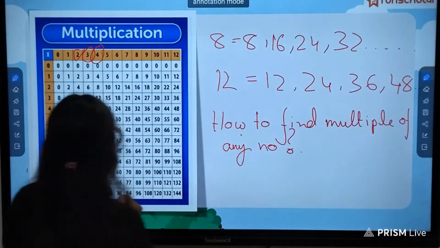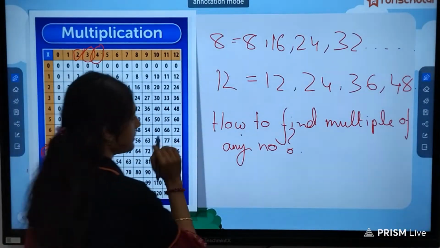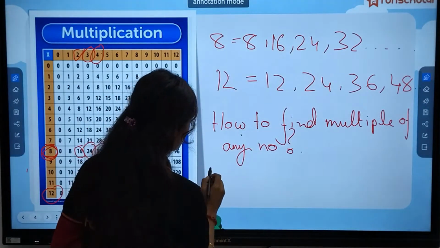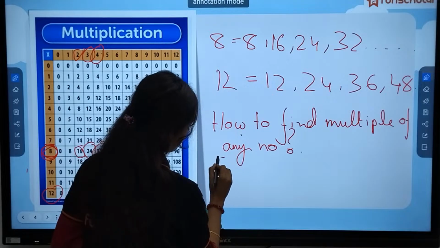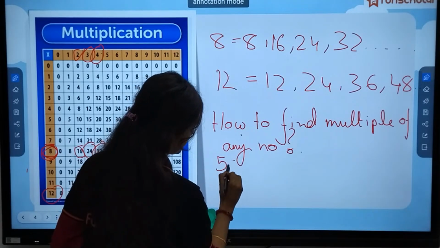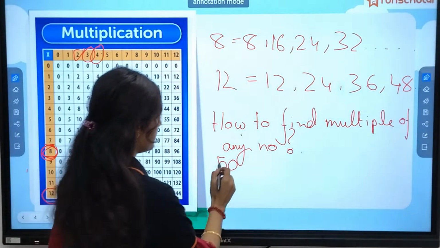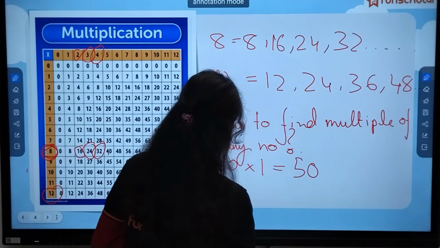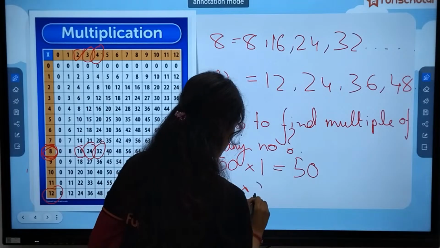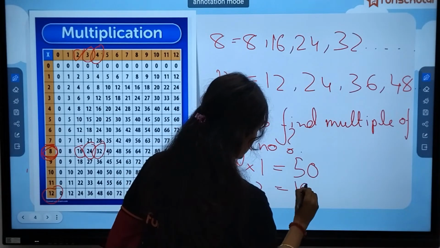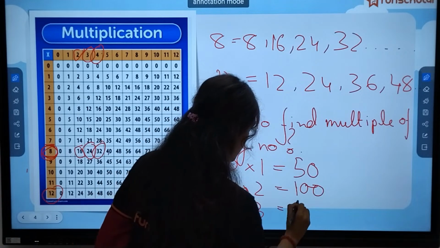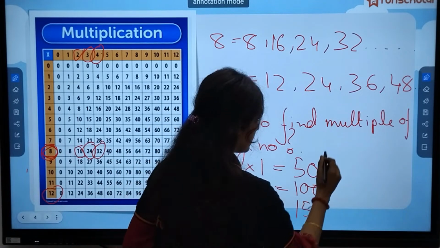Just you have to know the table, and if you don't know the table, if I ask you to write the multiples of 50, how will you do? 50 into 1 equal to 50. 50 into 2 equal to 100. 50 into 3 equal to 150.